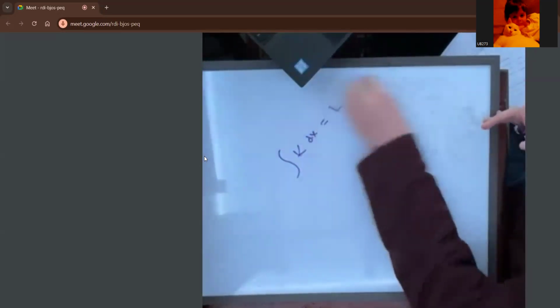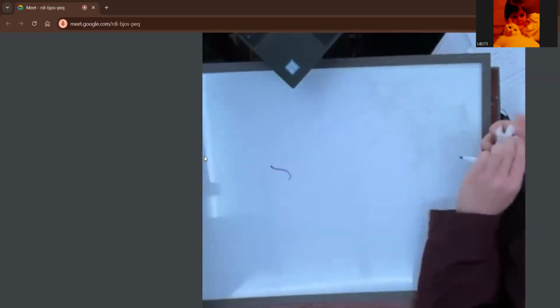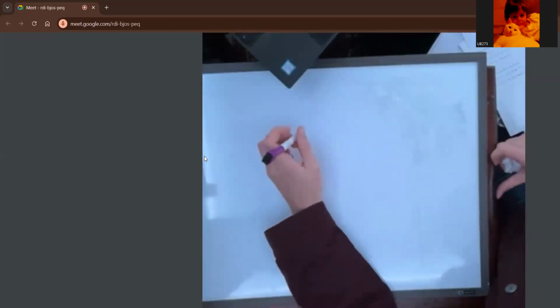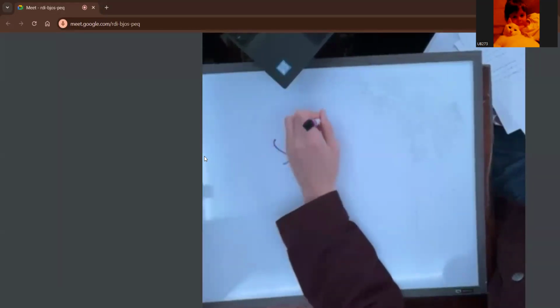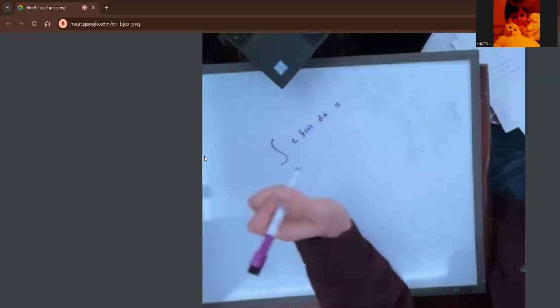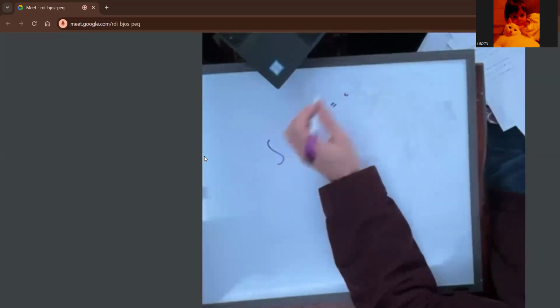So if you have integral of 2, it would be 2x plus c. Now, what if you have the integral of a constant times a function? That's still going to be there beside it.